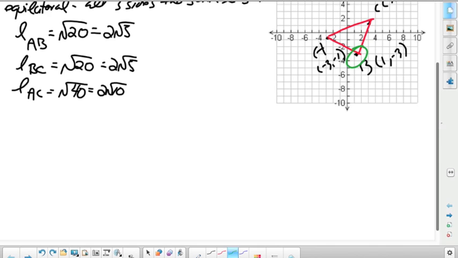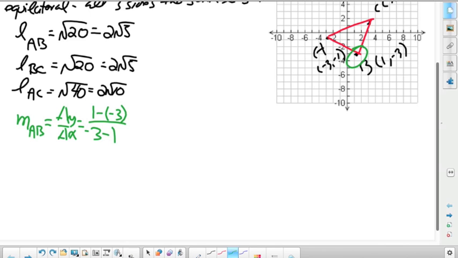So what I need to do is calculate the slope of AB, which is delta y over delta x. So for AB, delta y is 1 minus a negative 3, over negative 3 minus 1. Where are you getting the numbers from? I'm using the points.